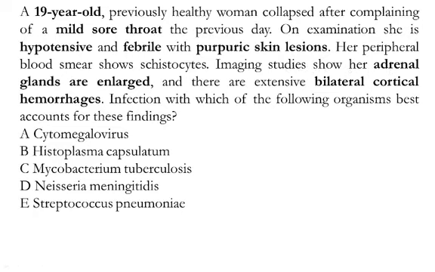Why are they enlarged? Because of cortical hemorrhages. So hematomas in the adrenal glands make them enlarged. The same hemorrhages you can see in skin. So hemorrhages are both in skin and in organs like adrenal glands.